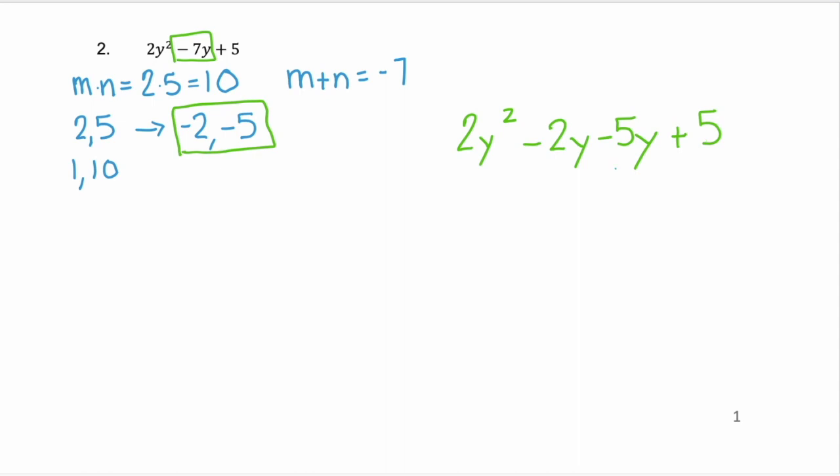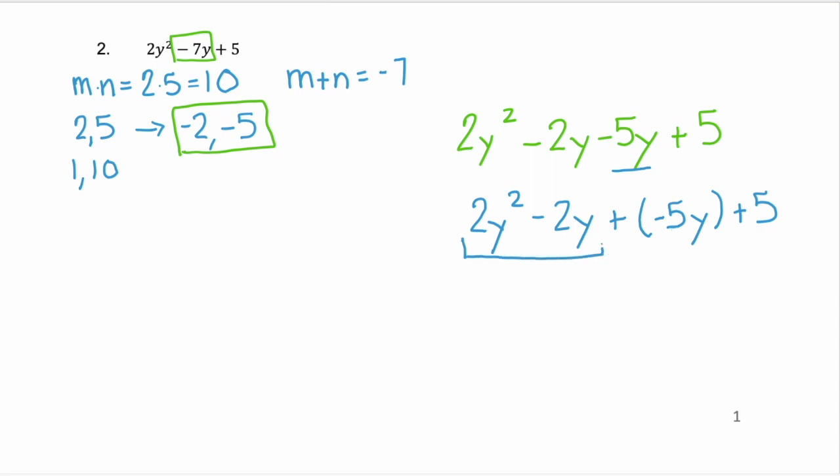Now, we need to rewrite this negative 5y as adding the opposite. This allows us to factor more easily. So we have 2y squared minus 2y plus the opposite, negative 5y, plus 5. Now, we use the associative property to group the first two terms and the last two terms.